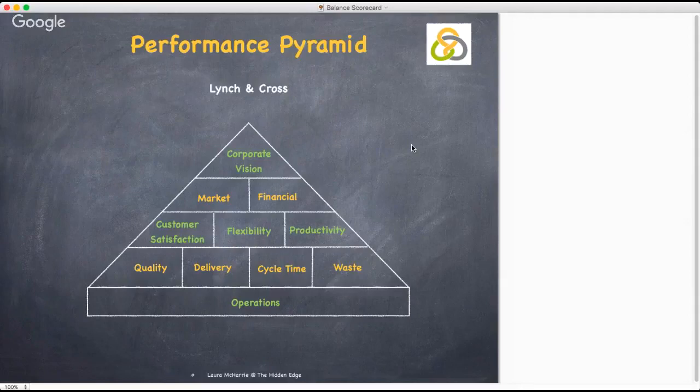Lynch and Cross concluded that it was essential that the measures chosen should link operations to strategic goals. It is vital that departments are aware of the extent to which they are contributing separately and together in achieving strategic aims.